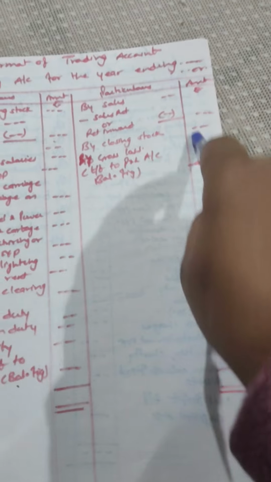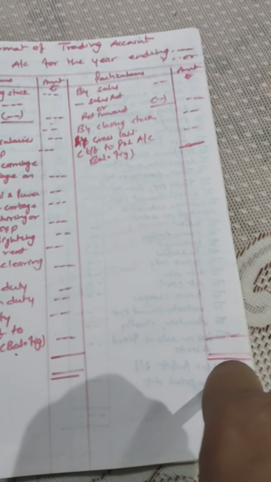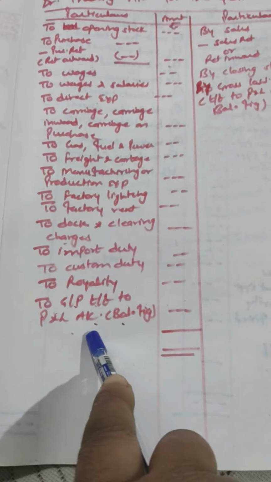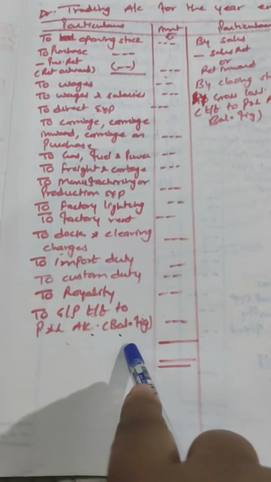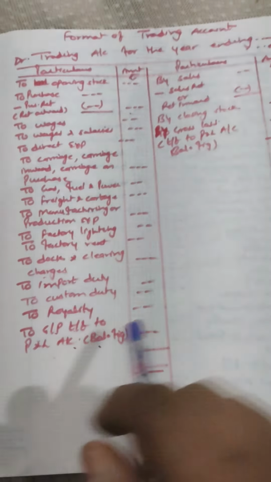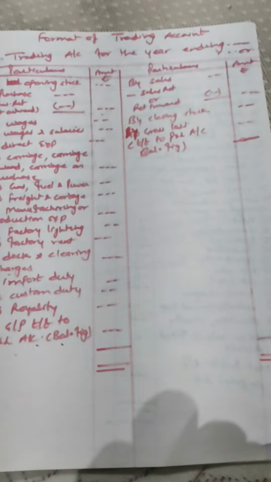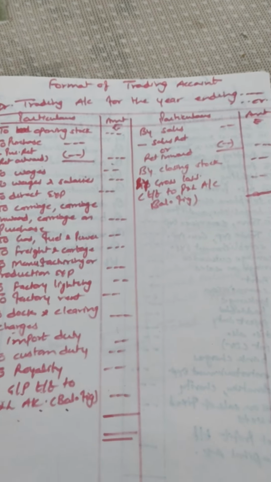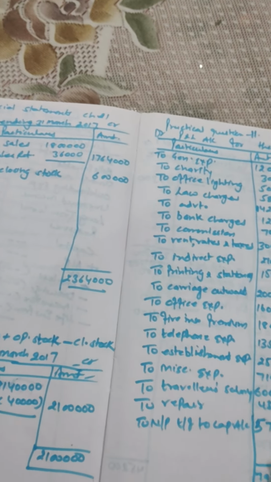On the other hand, if credit side is greater than debit side, the difference of both the sides is written in debit side as to gross profit transferred to profit and loss account, the balancing figure, right? And this gross profit is written in credit side of profit and loss account, and gross loss is written in debit side of profit and loss account.